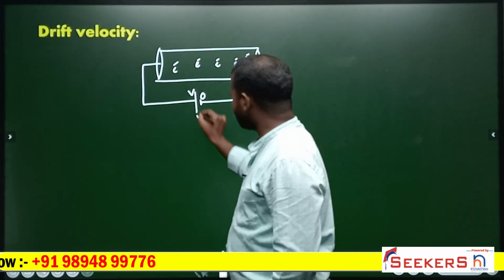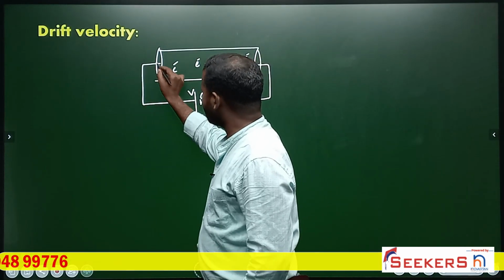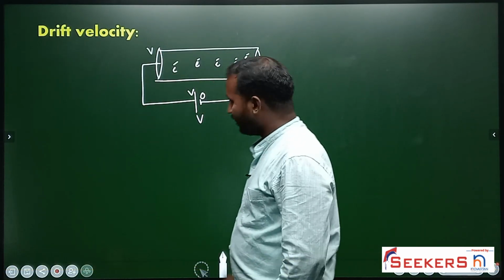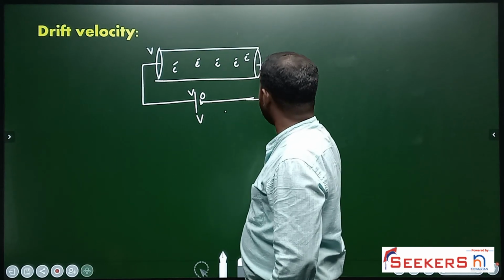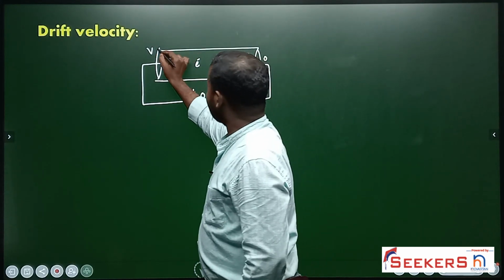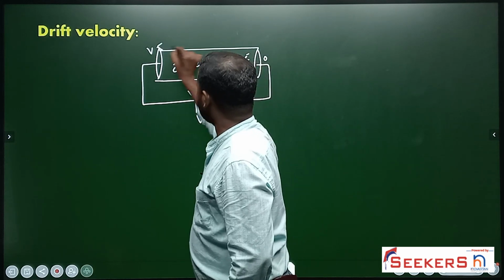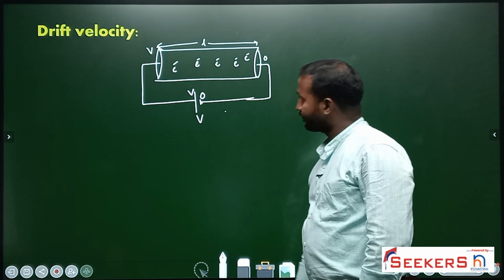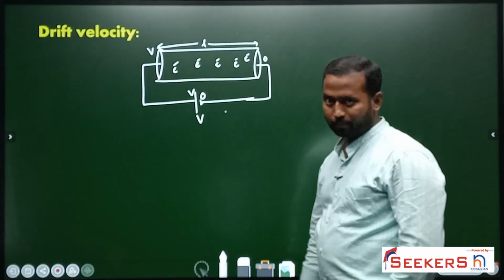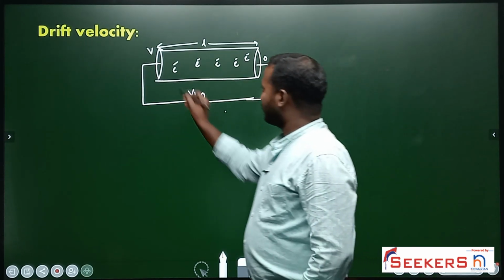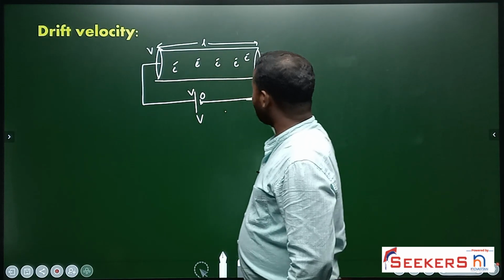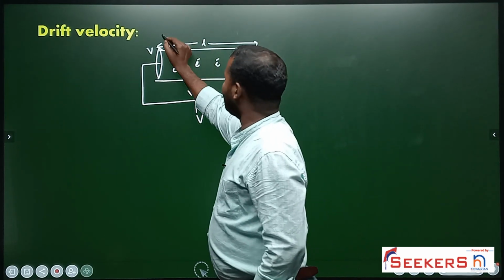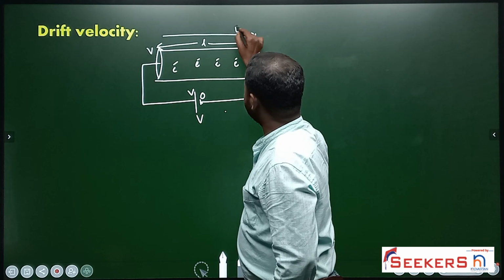Then the potential is V everywhere in this wire up to here, and it is 0 at the other end. You can see that throughout the length of this conductor, potential is decreasing. We know that in the direction of electric field, potential decreases. Potential is decreasing from V to 0, which means the electric field should be in this direction.